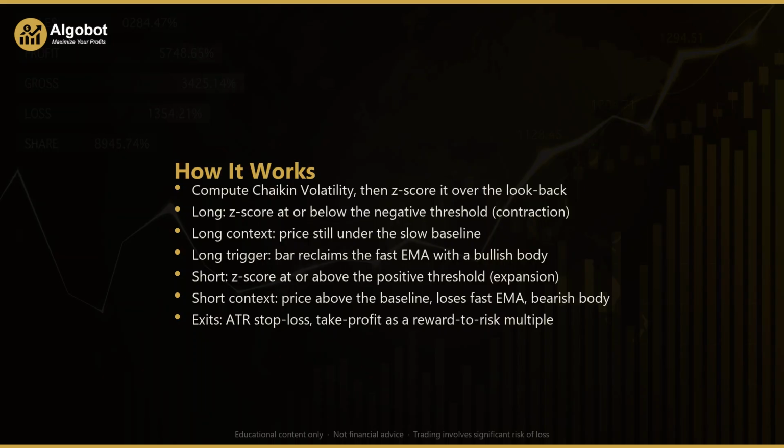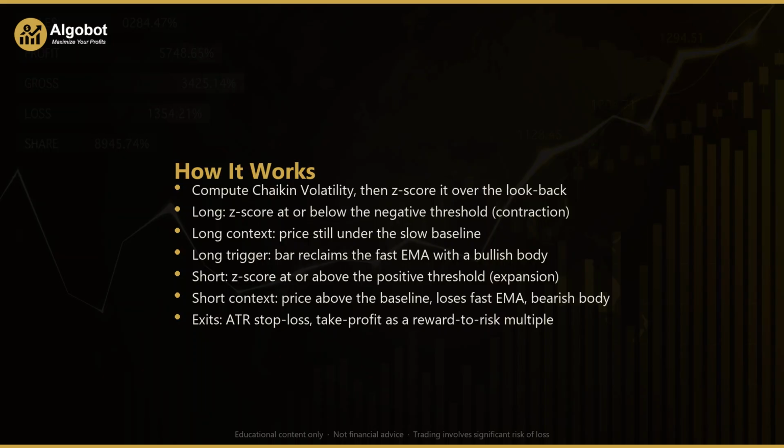The just closed bar must still be trading below the slow baseline, confirming a genuine decline is in play, so we're buying weakness, not chasing strength. Third, the trigger. The prior bar closed at or below the fast EMA, and the just closed bar closed back above it, with a bullish body where close is above open. That reclaim is the first hint the down move is turning up out of the lull. When all 3 align, the EA signals a long entry.